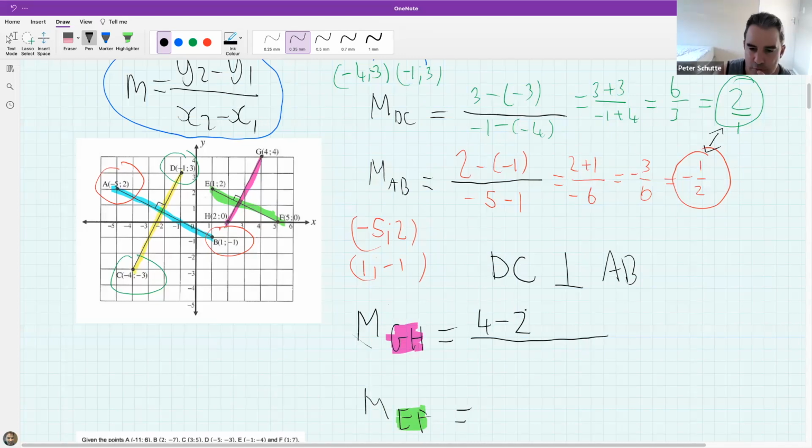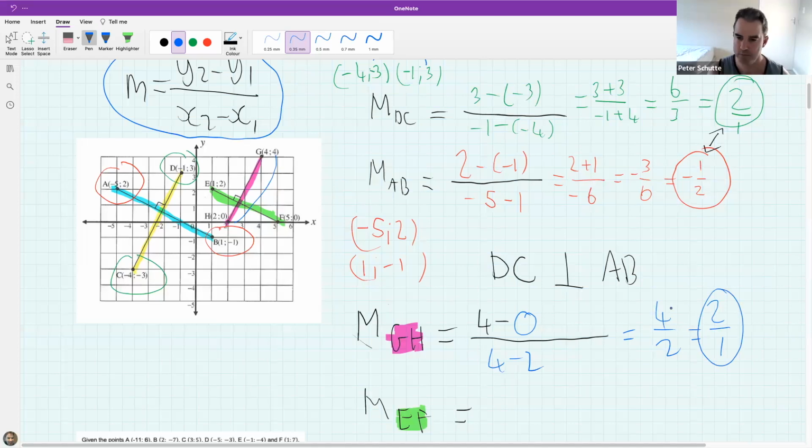So 4 minus 0 and 4 minus 2. Notice how I'm taking these two points and I'm getting 4/2, which is 2/1 or 2. So the gradient of GH is 2.